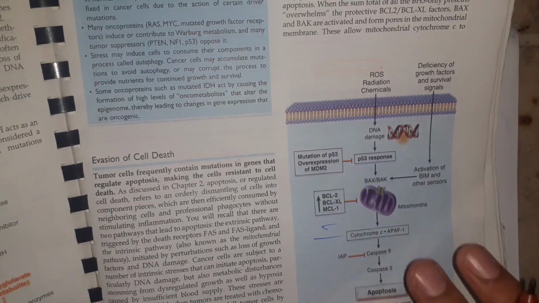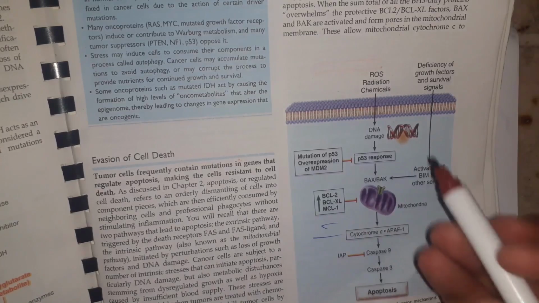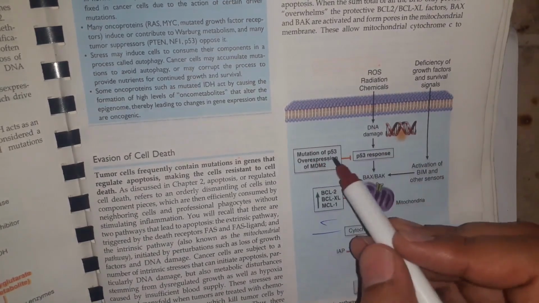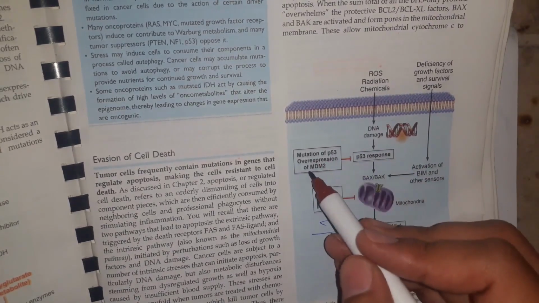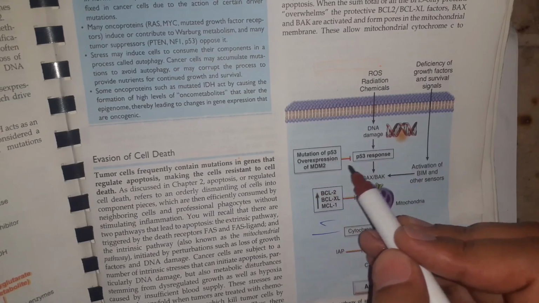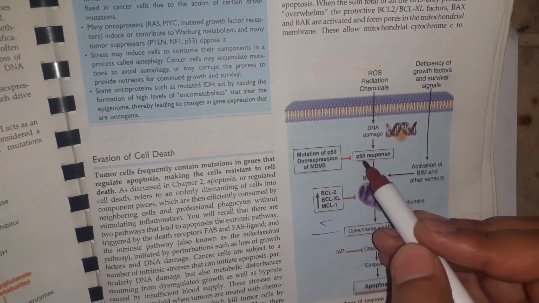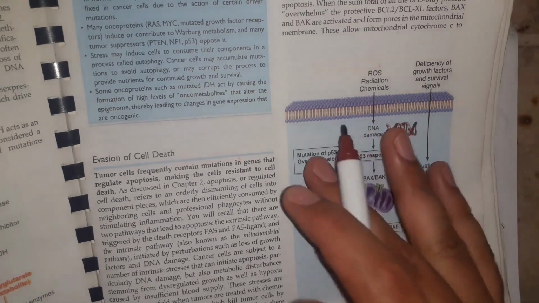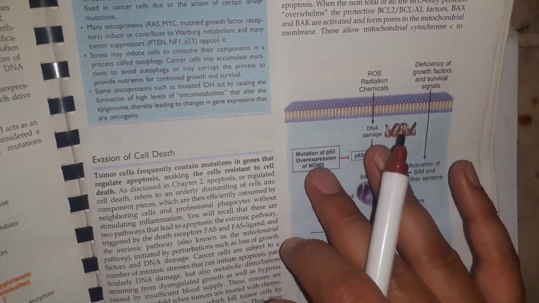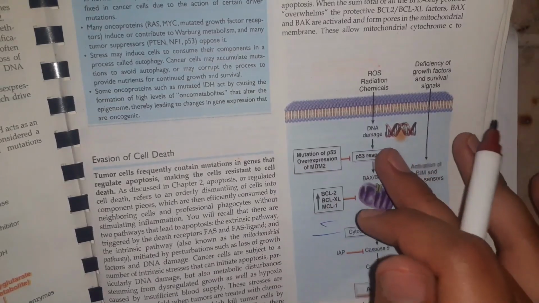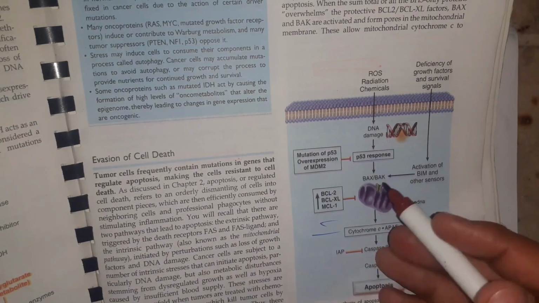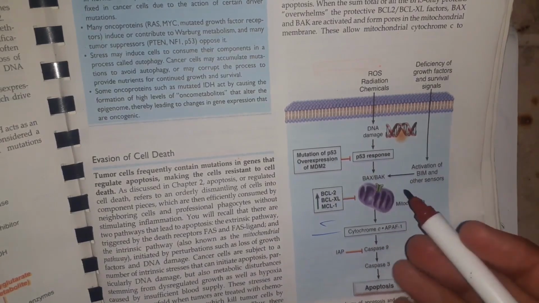However, what does the cancer cell do? In cancer cells, there is loss of function of P53. It can be either by mutation in P53 or due to overexpression of MDM2. We know that MDM2 holds P53 and prevents its function. So either TP53 is itself mutated, or there is amplification of MDM2. Both of these lead to the loss of P53 function. As a result, there is loss of functionality of BAK and BAX, and there is accumulation of mutations, and there is no apoptosis.